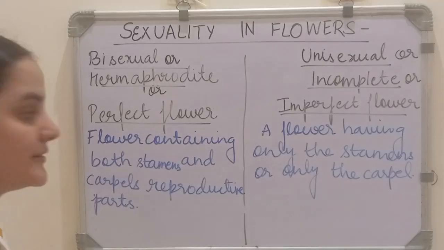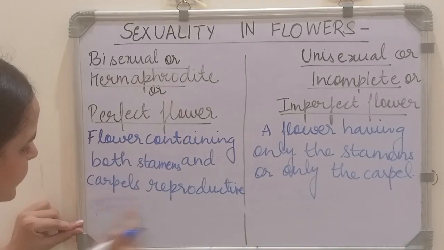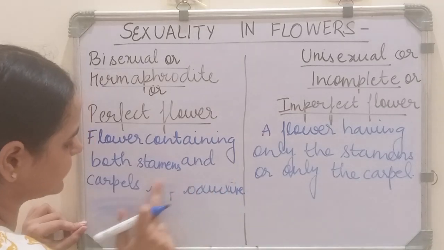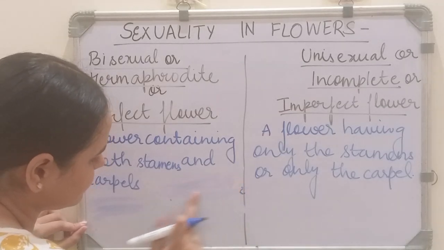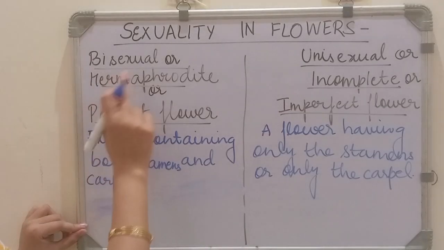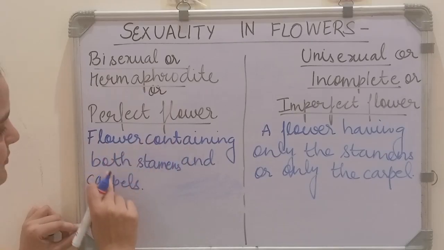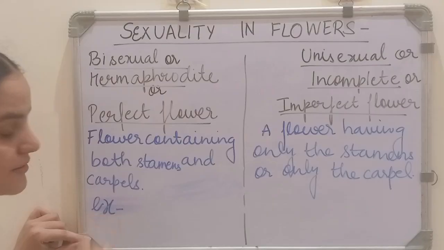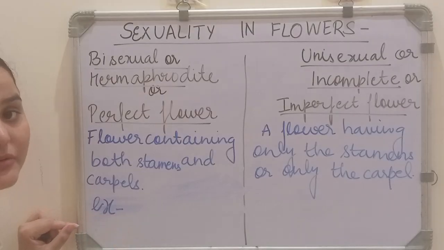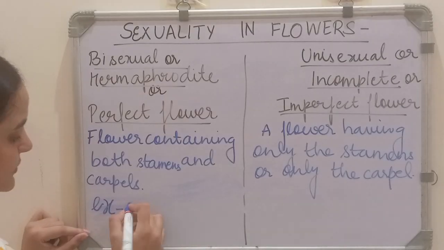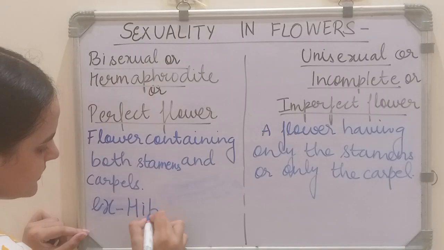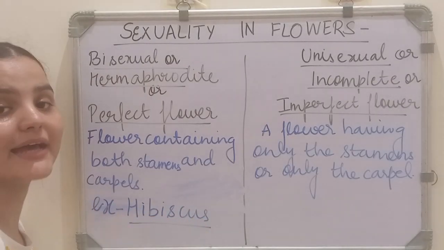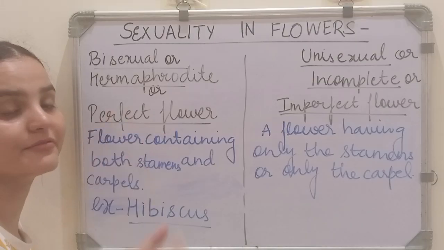Okay, now let's see the examples. Let me erase the reproductive part because we know that stamens and carpels are reproductive parts only. So bisexual flowers are flowers containing both stamens and carpels. Now example of this flower is what we had drawn. Okay, so example is hibiscus. In hibiscus we saw that both stamens and carpels were present within the same flower.